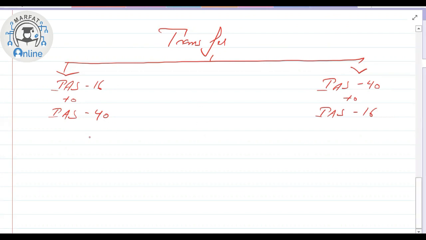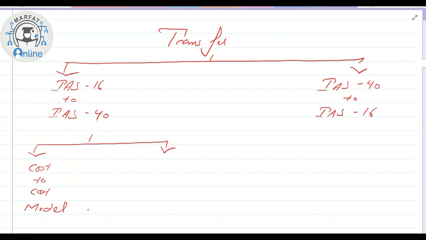And then you have cost to cost model. As I said, in IAS-16 and IAS-40 the cost model is the same. So the property is transferred from IAS-16 to IAS-40 and cost to cost model. In IAS-16 it was on the cost model, and even in IAS-40 it is going to be carried at cost. So it is cost to cost model.